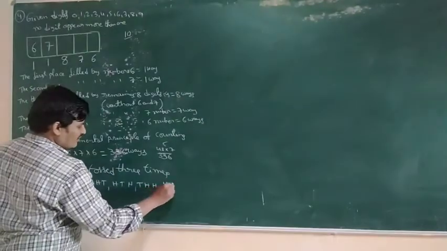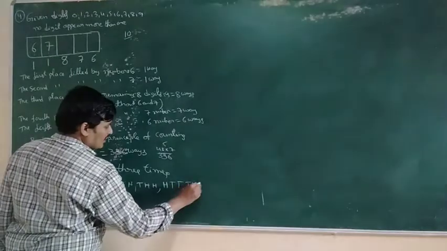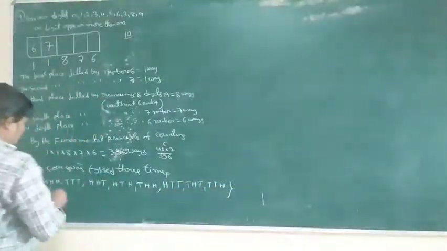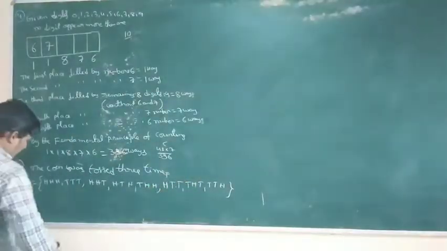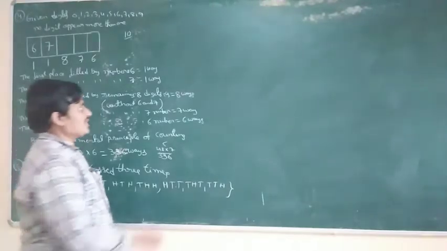Next, single head means the remaining are tails, so HTT, THT, TTH. 1, 2, 3, 4, 5, 6, 7, 8. So the number of outcomes in the sample space is equal to 8. This is the second problem.